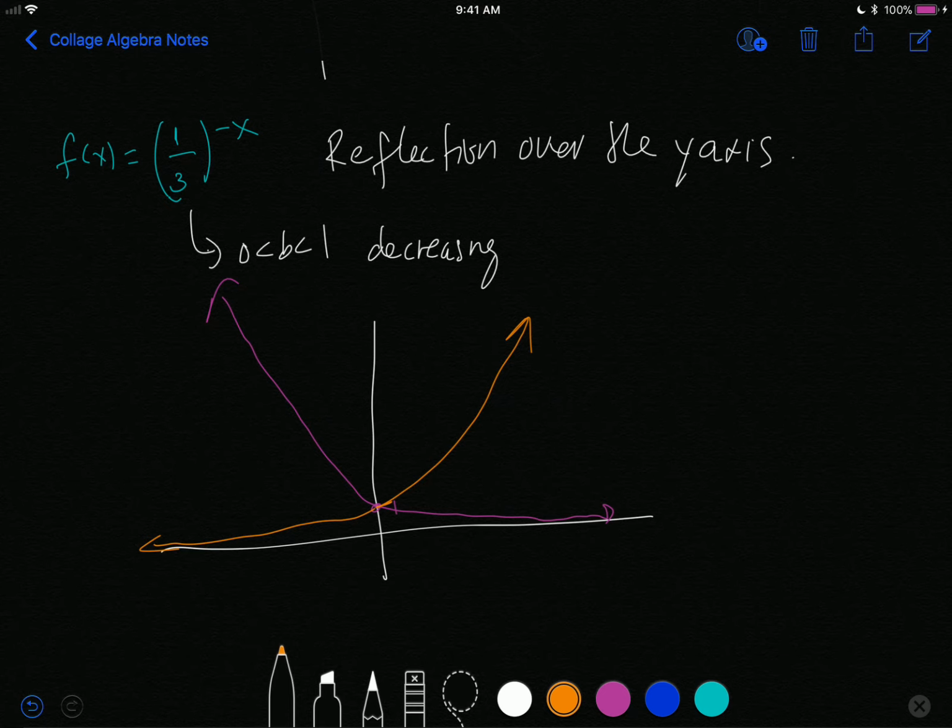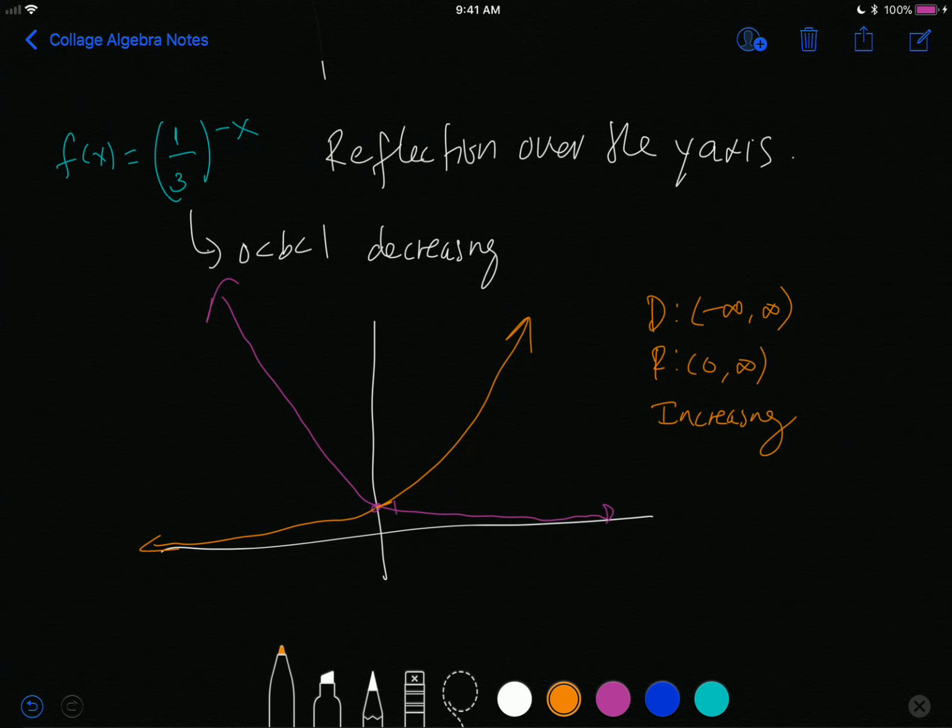And so this graph will have a domain of all real numbers. It will have a range of 0 to infinity. It will be increasing.